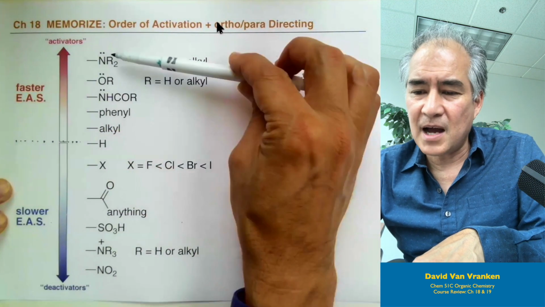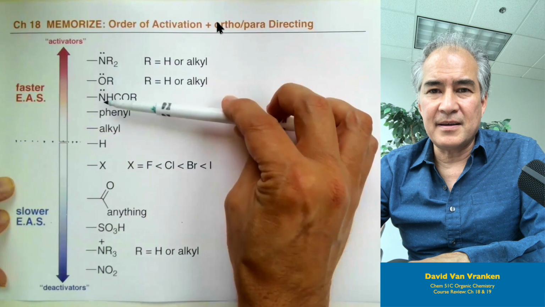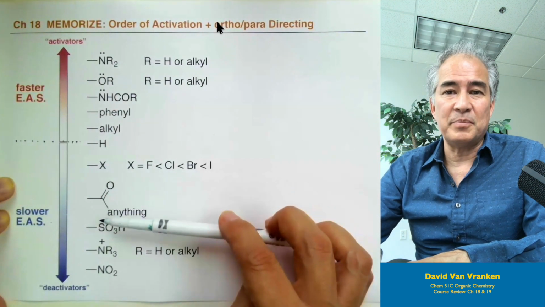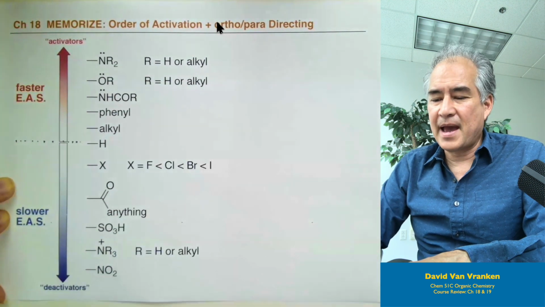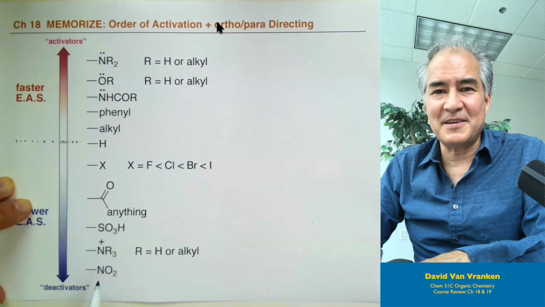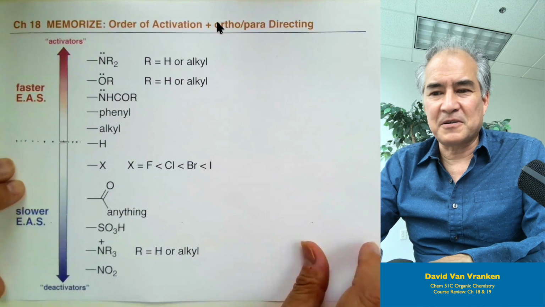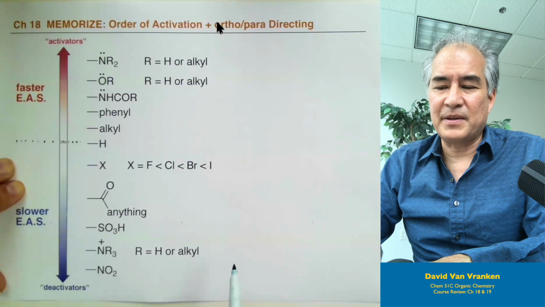So when you walk from the top of this list to the bottom of the list, these substituents make electrophilic aromatic substitution of a second group, adding a second group, harder and harder on that aromatic ring. And it's really tough once you've got a nitro group on your benzene ring to add another substituent. You have to have really aggressive electrophiles like nitronium ion to add a second group if there's already a nitro group on there.